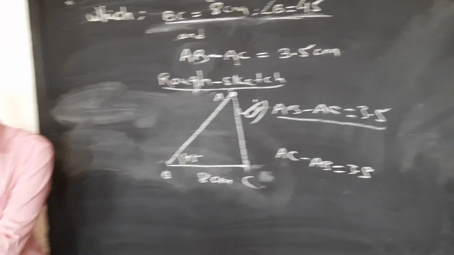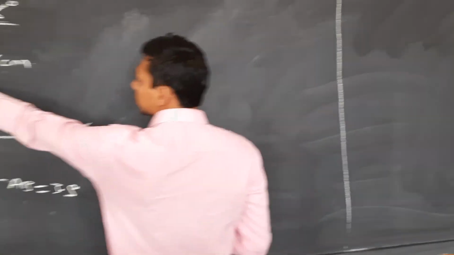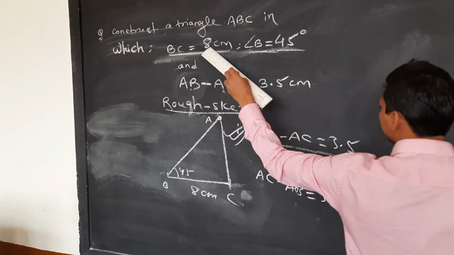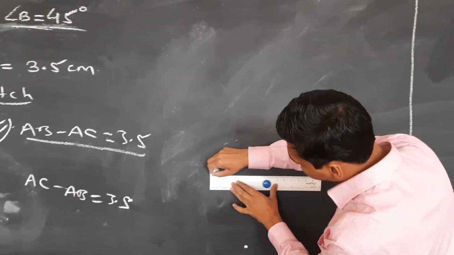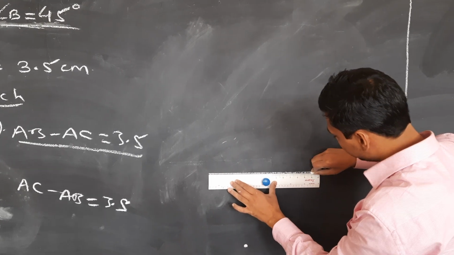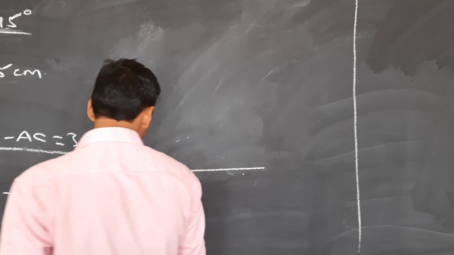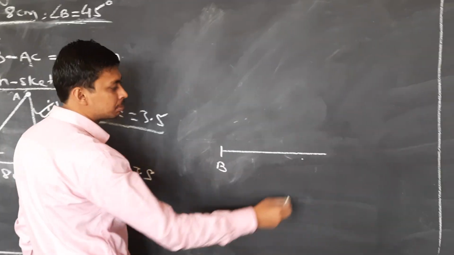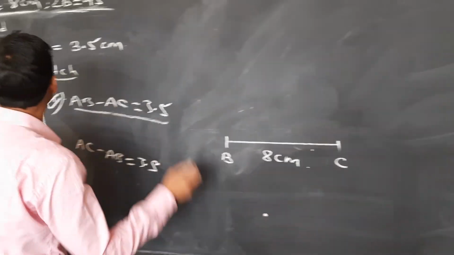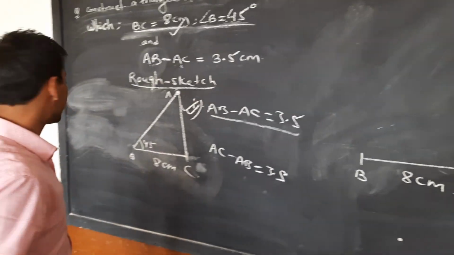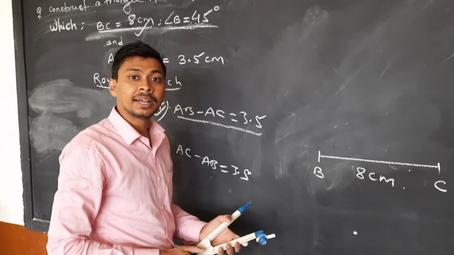So coming to the construction part, first of all I will take this BC length as 8 centimeter. For the sake of clarity, I will make it a bit larger over here, but you have to make it exactly 8 centimeter. So suppose taking this point as B, this as C, this is 8 centimeter. Now angle B is 45 degree. For 45 degree you all know you have to bisect 90 degree.